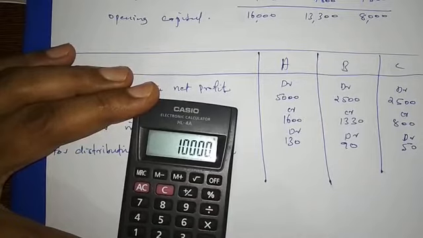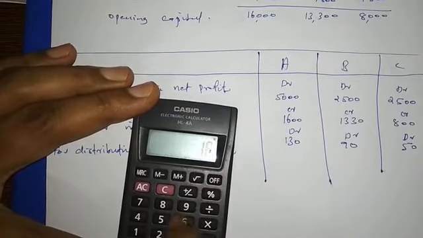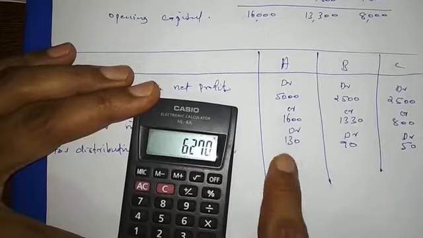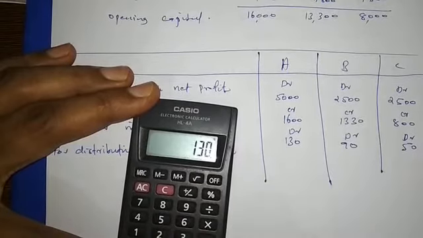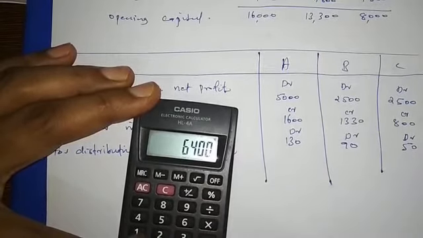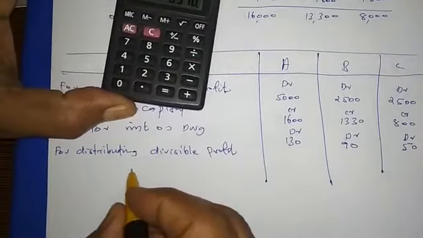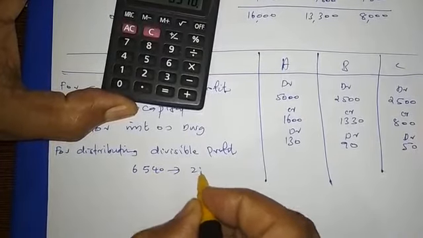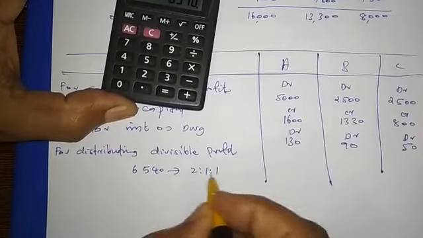From this, interest on capital we have to subtract, that is 1,600 minus 1,330 minus 800. Then interest on drawing we need to add, 130 plus 90 plus 50, 270. So this is the divisible profit. This 6,540 we have to distribute in the profit sharing ratio.